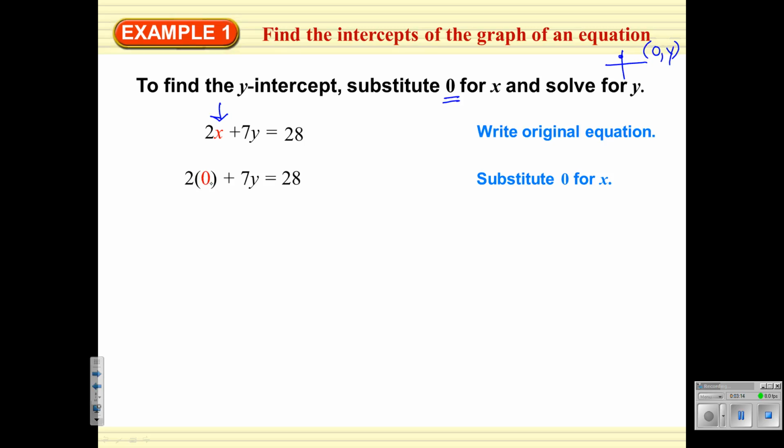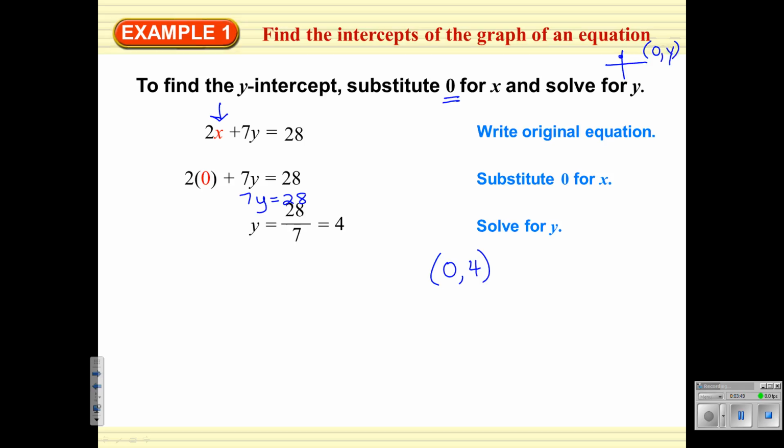So obviously 2 times 0 is 0, leaving us with 7y equals 28. So we're going to end up with y equaling 28 divided by 7, or 4, because we are dividing both sides by 7 to get y by itself. So our y-intercept, when x equals 0, y equals 4. That's solving for the x and y-intercept.